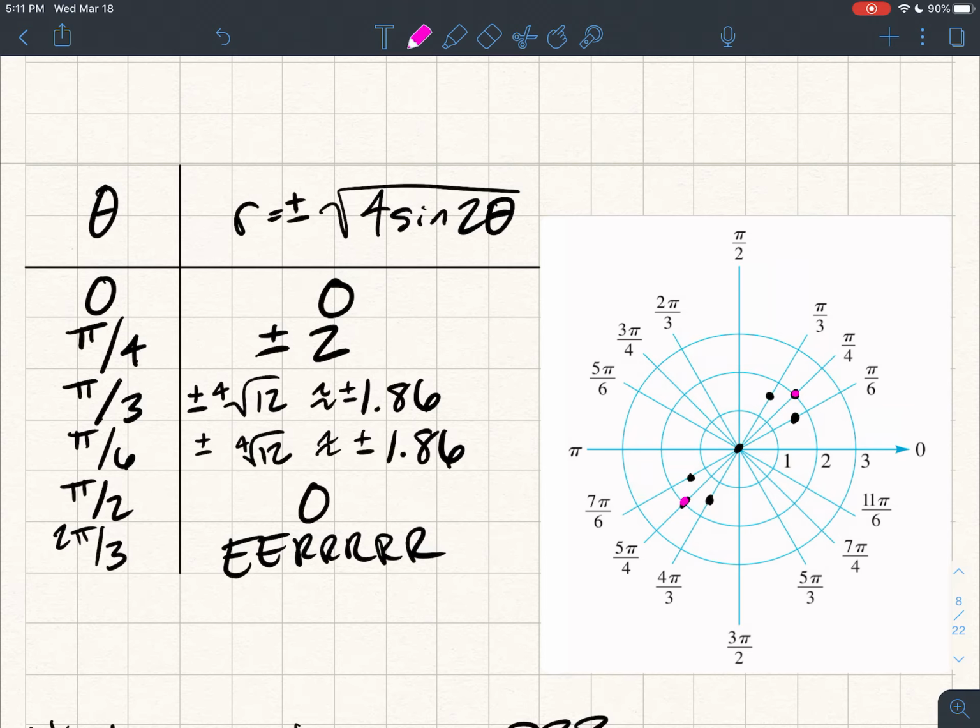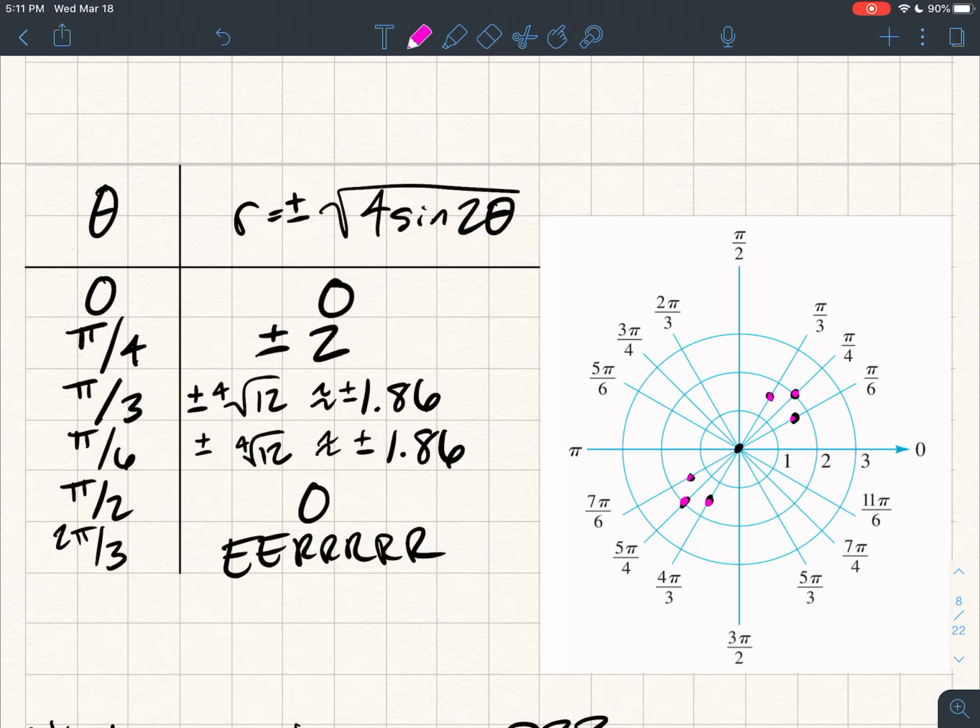When theta is pi over 3, that's going to give me plus or minus 1.86, which is here and here. And likewise, for pi over 6, that's going to give me plus or minus 1.86. It gives me this point and this point.